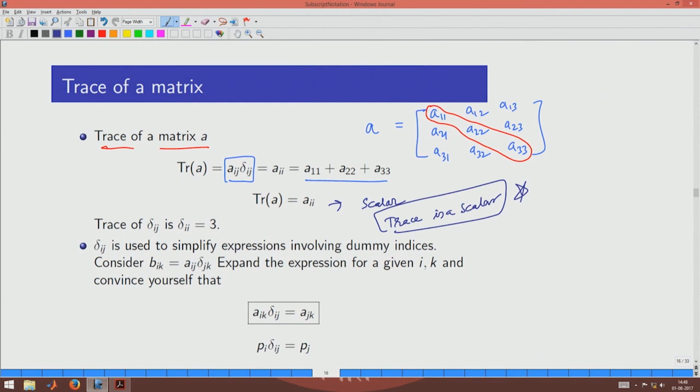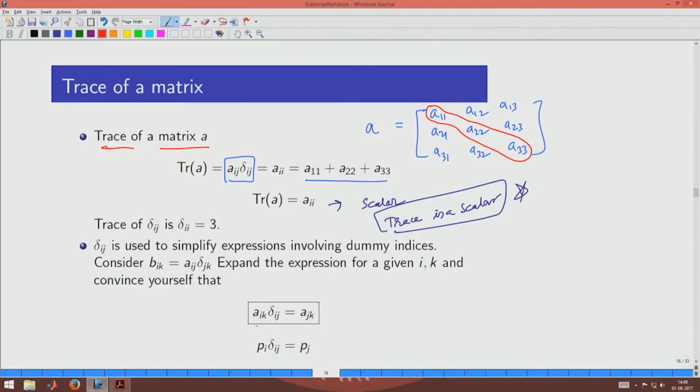Okay. So, the Kronecker delta is also used to simplify expressions, so that the dummy indices can be modified. So, the way it is done is as follows. Because we know that delta is taking a value of 1 only when the two indices are matching, it implies that whenever it is multiplied with a quantity, the one index that matches is going to be replaced. So, here we can see that i is matching.